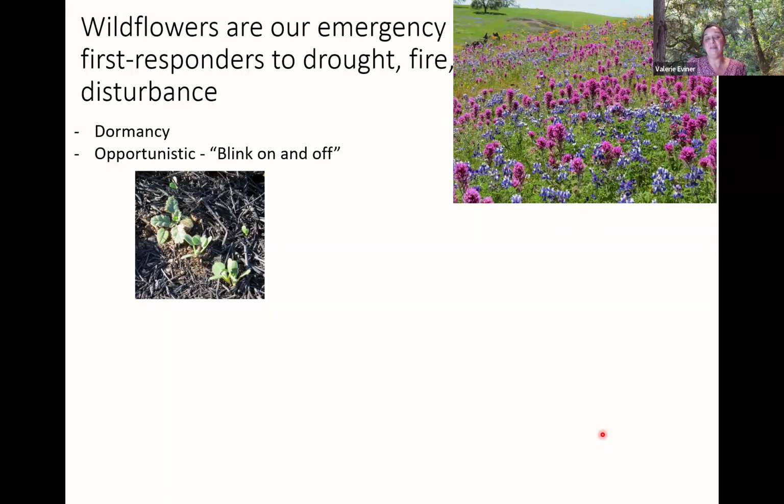But that is how they've evolved. They very much sort of hang out and wait for an opportunity. So it is an important thing when you are doing restoration and working with wildflowers. Don't worry if you don't see them all the time, right? But the key is they're there when we most need them.